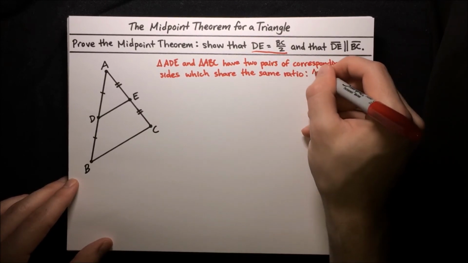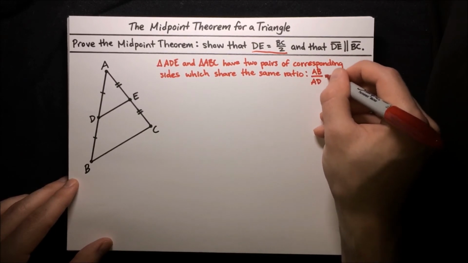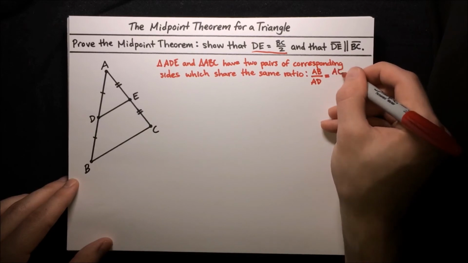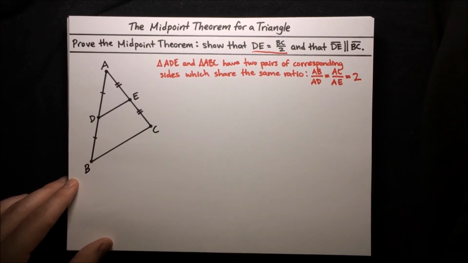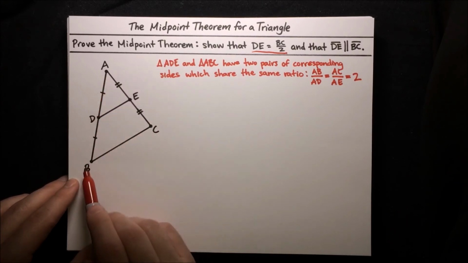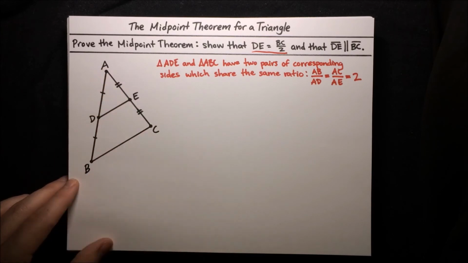Namely, we have AB over AD and also AC over AE. These ratios are both equal to 2. And that's because AB is twice the length of AD and AC is twice the length of AE.